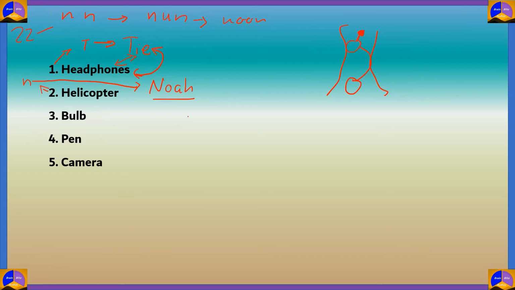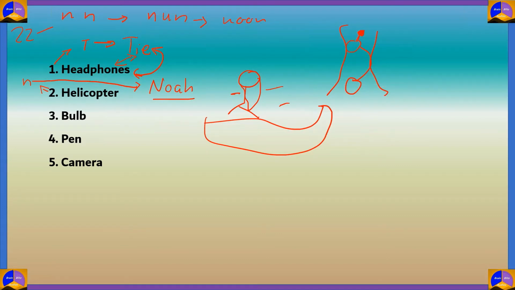Now, Noah is the name of a biblical character, and I use an old man with a flowing beard sitting on an ark, which is a ship. So an old man sitting on a ship in a storm is what I think of for the number 2, because this word has only 1 N sound and it makes it easy for picturization. You can have other words such as new or now or something like that.